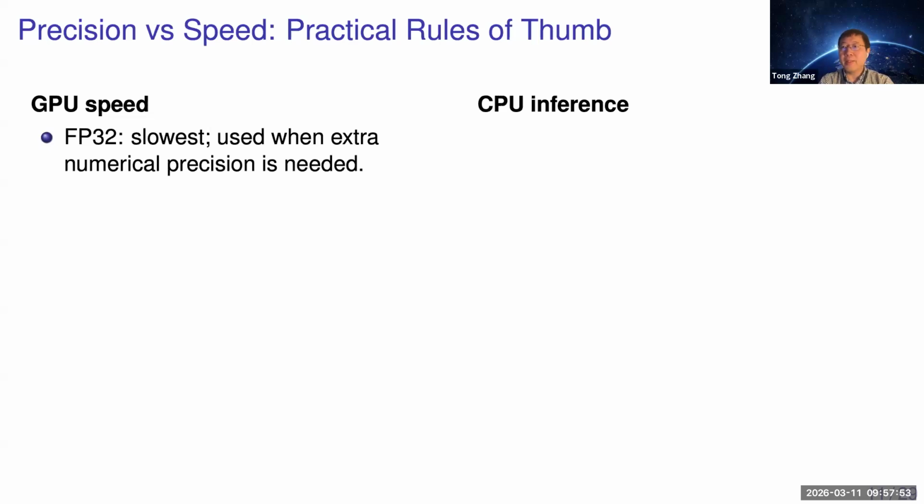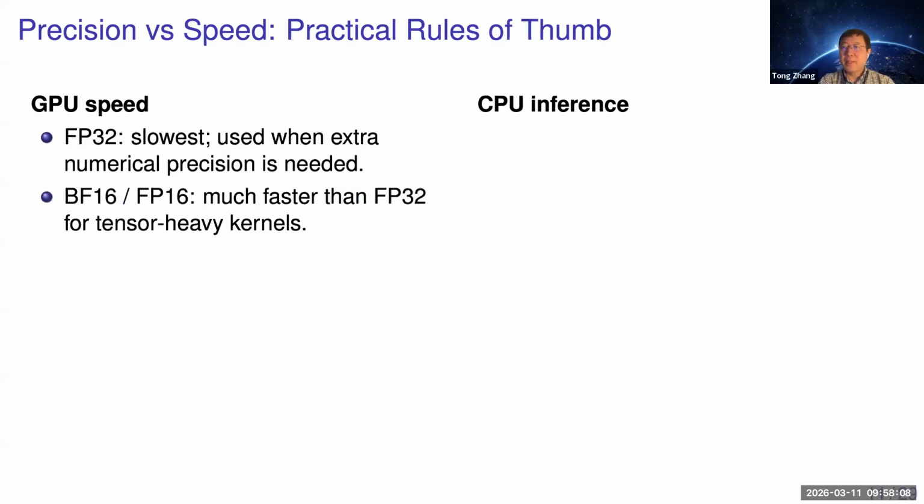But anyway, one thing: precision versus speed. We just quickly go through that, so you have some ideas about what is happening here. On GPU speed, FP32 is the slowest, and FP16 is faster because modern GPUs are optimized for that.